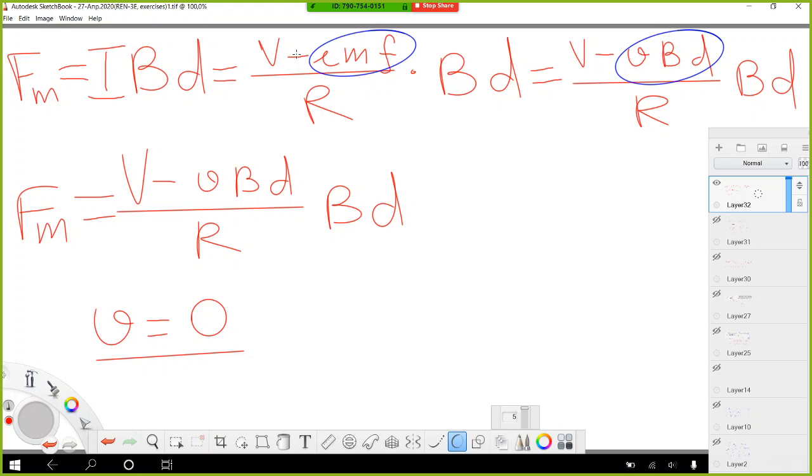As the bar starts to move, electromotive force equal to V B D is induced in the circuit, which reduces the current flow in the bar.